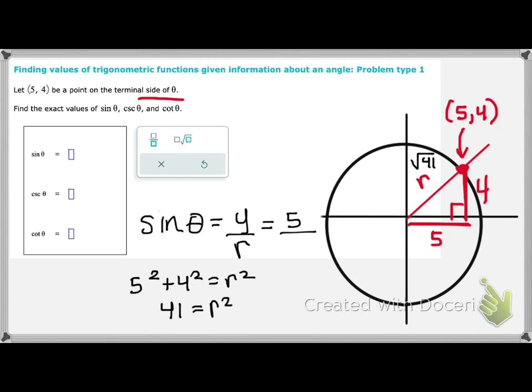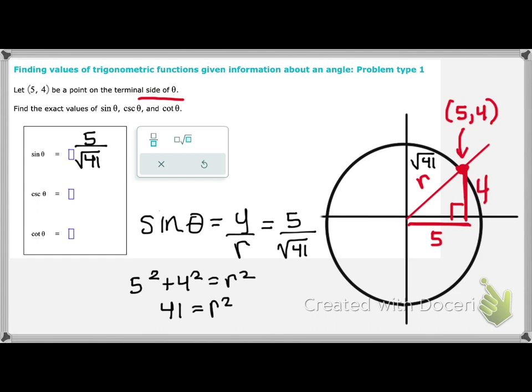Now I've got r. There's no stipulation here about rationalizing the denominator, and we're not expressing this as an approximation and rounding off. So really, I should be able to enter my response like that, 5 over root 41.